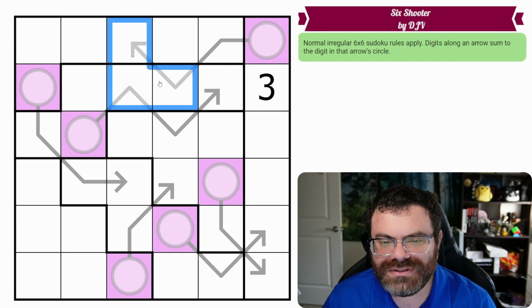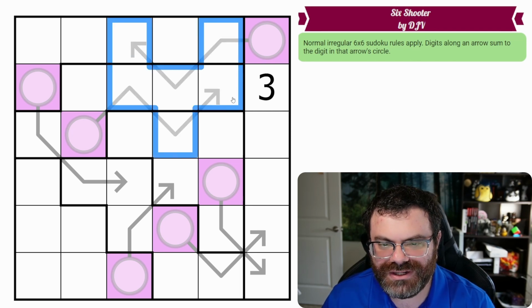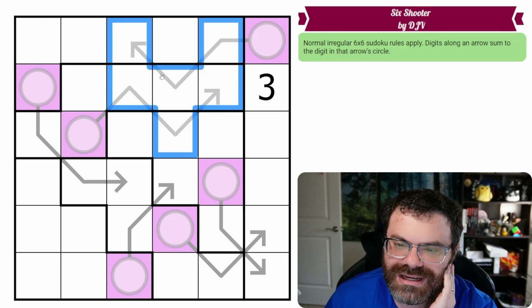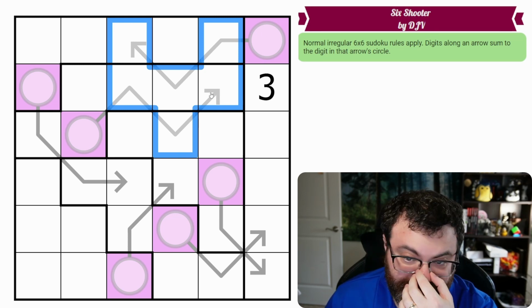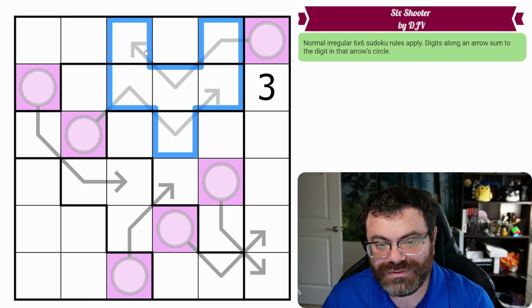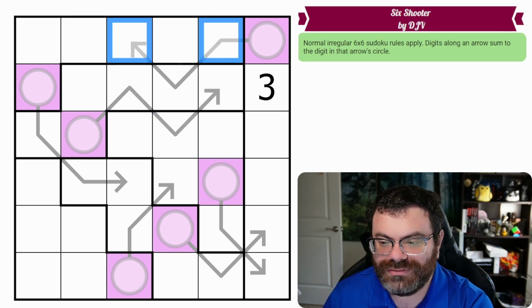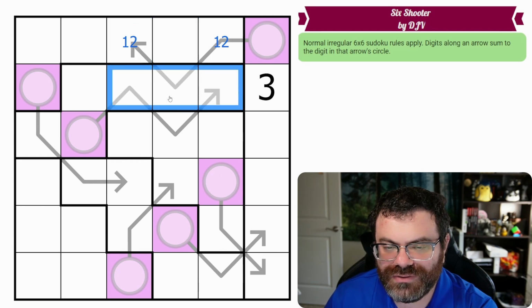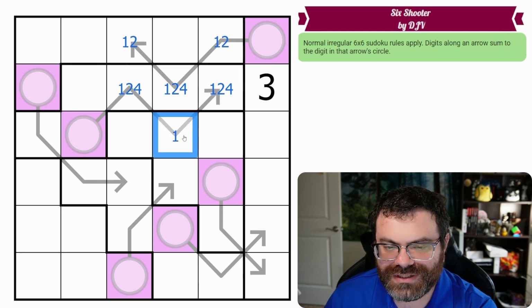But the next thing I was going to look at is this confluence of arrows here. A common trick is to combine arrows together and then try to minimize them. So let's think about what that would mean. So in this row, 1, 2 would be the minimum. That adds to 3. In this row, we could normally do 1, 2, 3, but there's a 3 in the rows. We'd have to do 1, 2, 4. That adds to 7. And then this could be 1 minimum.